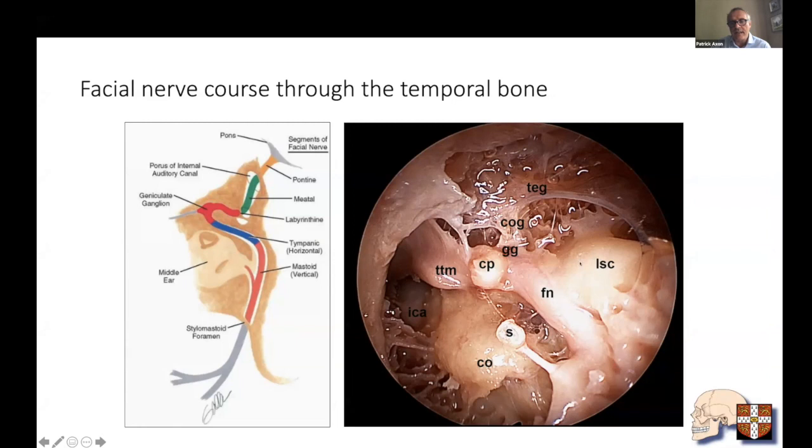The lateral semicircular canal is above it, and at each end of its expanse, you've got the processus cochleariformis, which has the tendon of the tensor tympani attaching to the malleus. And we've got the pyramid here, which of course has the stapedius coming out of it. So it's crossing above the tensor tympani and the stapedius and the oval window.